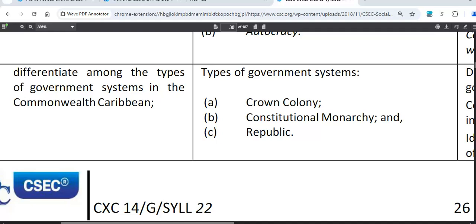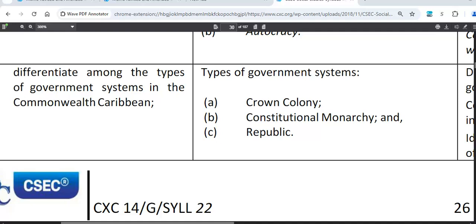Now, what is Crown Colony? Crown Colony was an old British government system which consisted of a governor and a council. The governor represented the crown or the monarch, which is located in the UK.